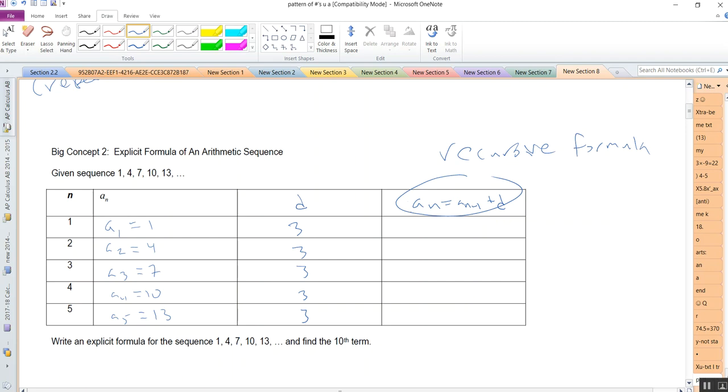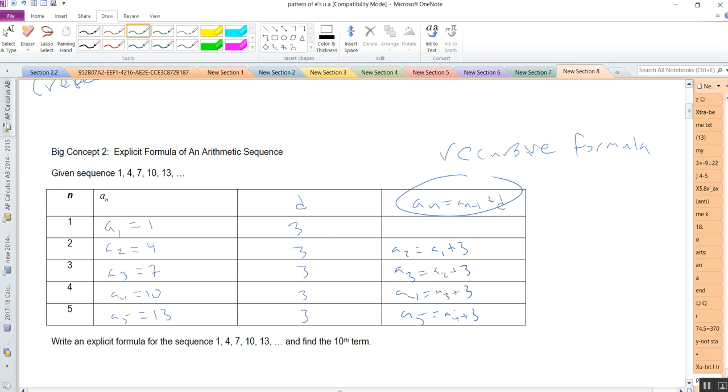What you're doing is saying a2 equals a1 plus 3, or a3 equals a2 plus 3, or a4 equals a3 plus 3, or a5 equals a4 plus 3. Hopefully you can see why we call this recurring.